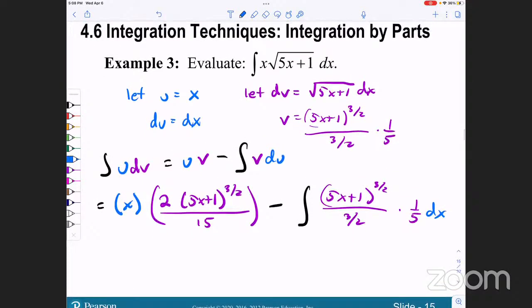So the 1/5 can go in front. I'm going to just let that first part stay as is. Let me see. That's going to become what? 5 over 2. So this is going to be minus, we got this 5x plus 1 to the power of 5 halves over 5 halves.